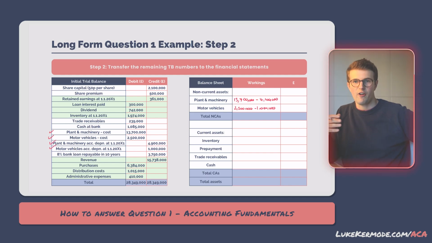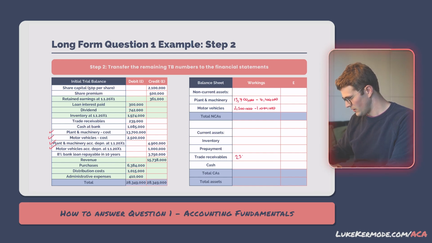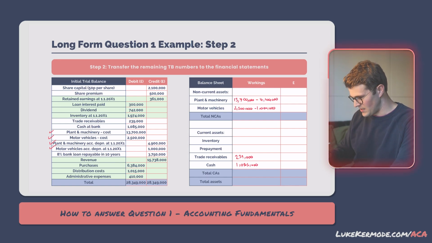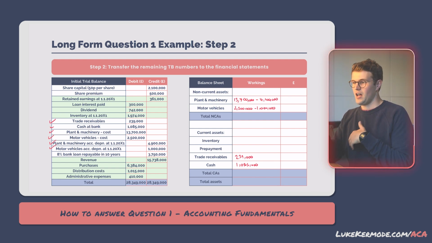So, current assets. From the trial balance, we have trade receivables of 239,000, and we have cash of 1,085,000. So we can transfer each of these directly into our draft balance sheet. We'll revisit inventory a little bit later once we calculate the closing inventory amount from the adjustments.